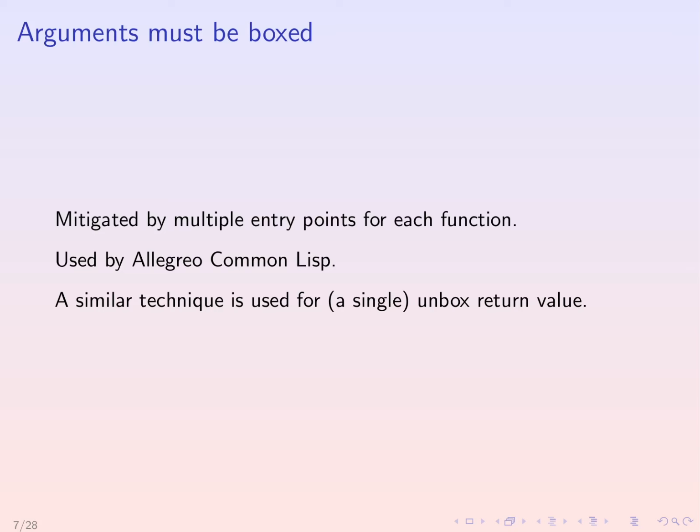In general, all arguments must be boxed, which means that raw values such as raw floating point values or raw integers cannot be passed as arguments. They must be wrapped in some kind of object that tells which type it is. That's necessary because we don't always know the type of the arguments. Consider, for instance, a call to mapcar. The elements of the list passed to mapcar could be anything that's available at runtime, and we don't know the types of them at compile time.